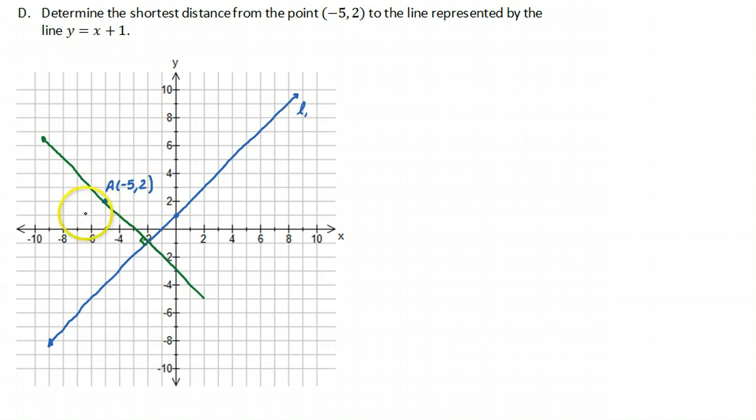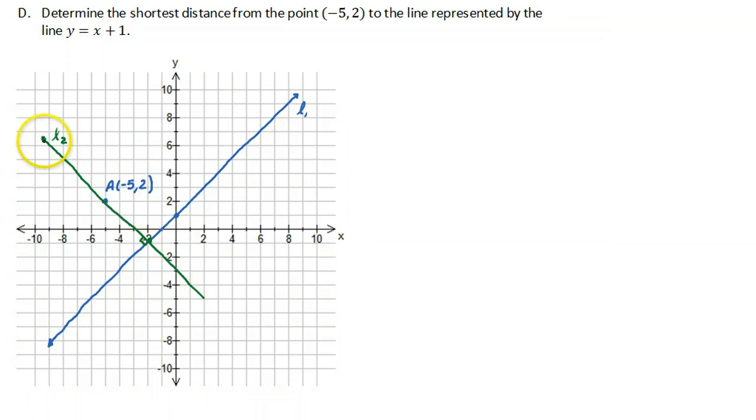I need to calculate this line, and let's call this line L2. Then I need to figure out the intersection of L1 and L2, and then I can find the distance between those 2 points. I'm pretty sure that this is the point where these 2 lines intersect. However, let's make sure we can do this algebraically.